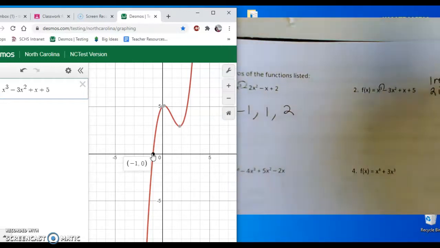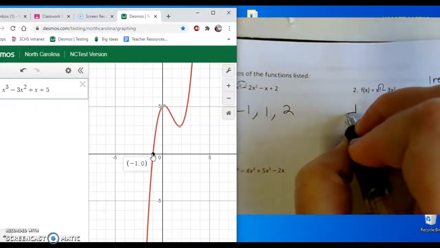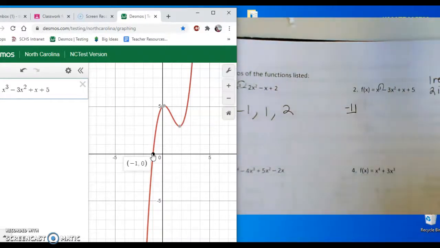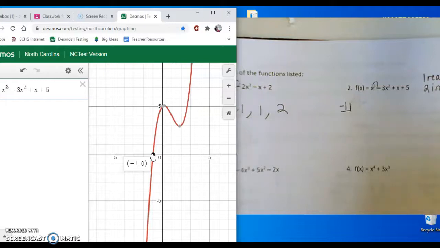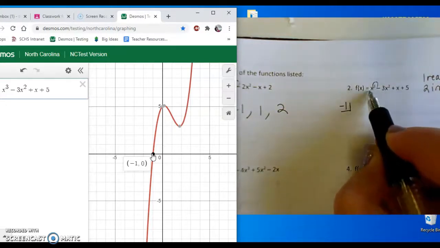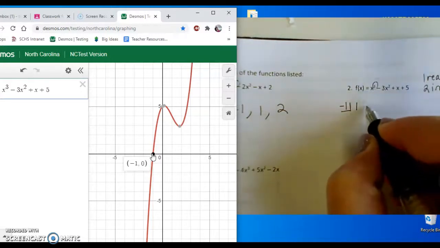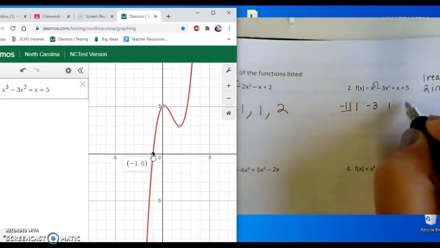So what you do, our real zero is -1. You take the zero and you put it in the box, and you divide using synthetic division. So you take the coefficients up here, 1, -3, 1, and 5.